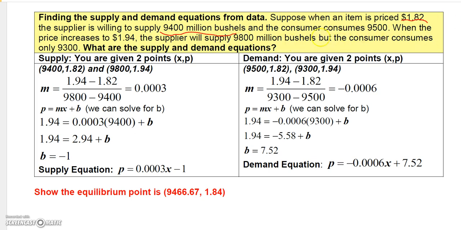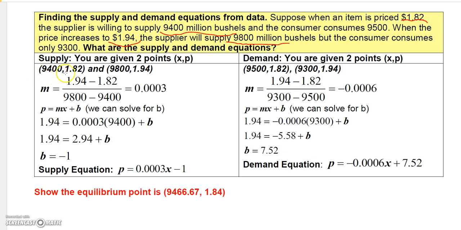Okay, now let's skip the consumer for now. Let's look at what happens when the price increases. So when the price increases to $1.94, then the supplier is going to supply 9,800 million bushels. So when the price goes up, then the supply goes up.